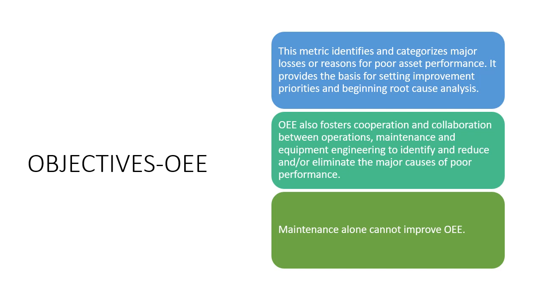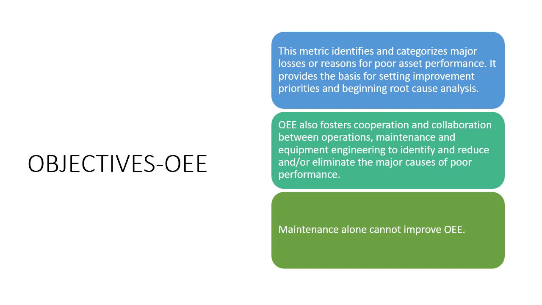OEE also fosters cooperation and collaboration between operations, maintenance, and equipment engineering to identify and reduce the major causes of poor performance. Another thing we should always remember is that maintenance alone cannot improve OEE.